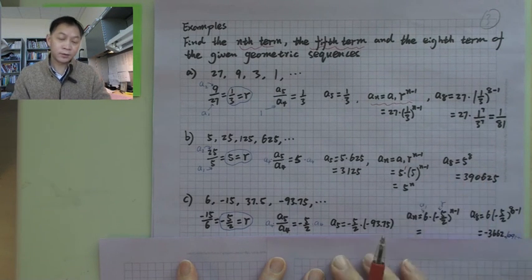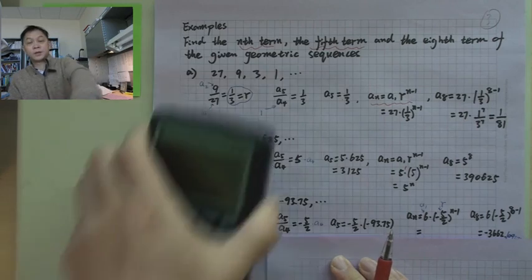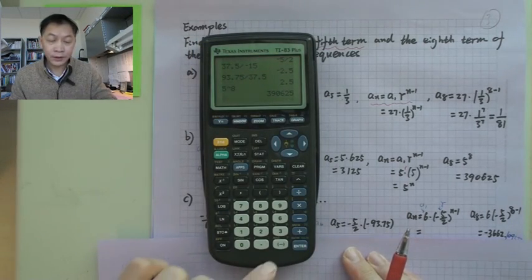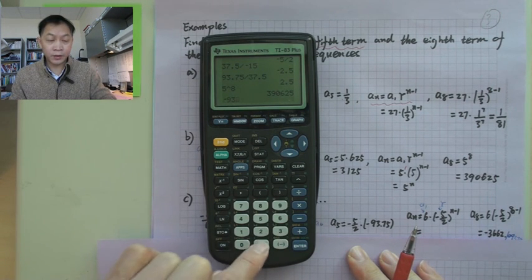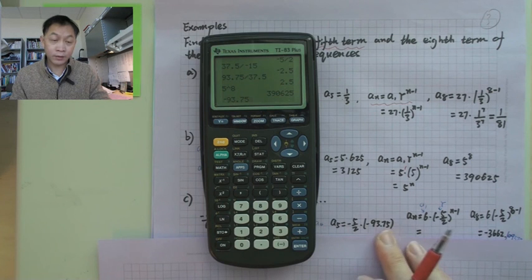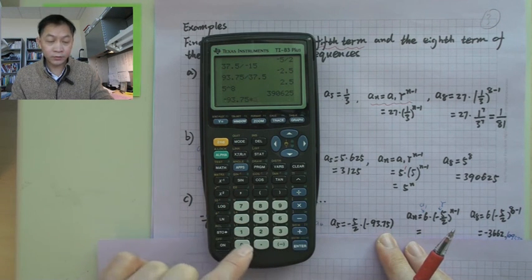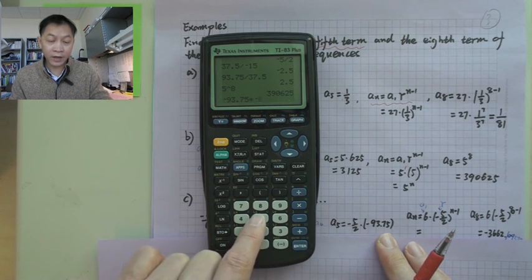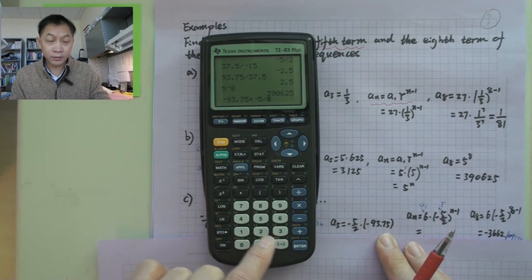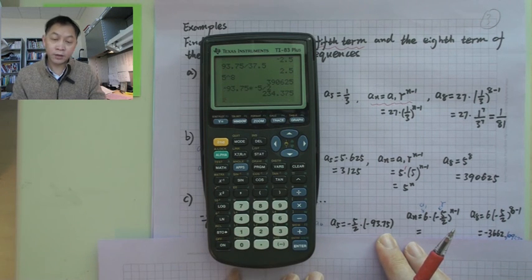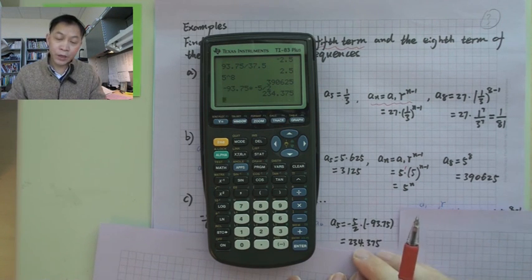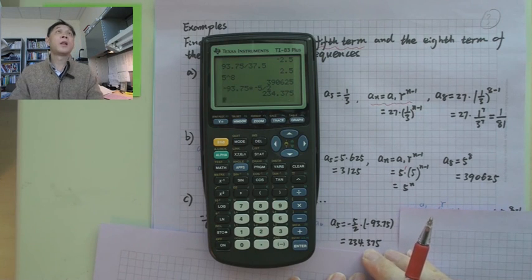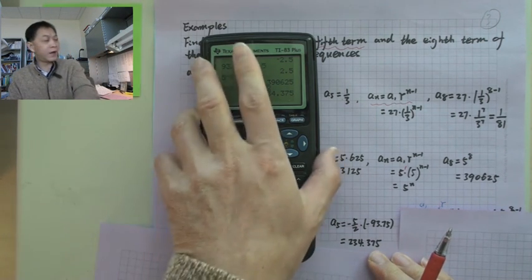What is that? We can use the calculator. It's negative 93.75 times negative 5 divided by 2. So this gives us 234.375. That's A5.